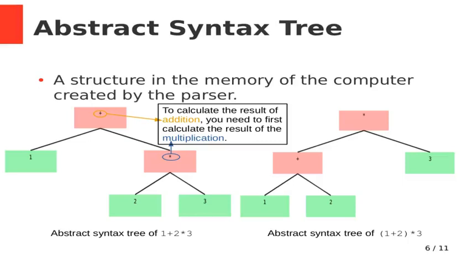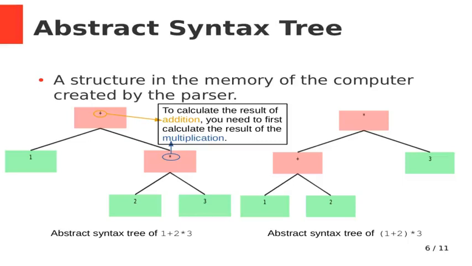1 plus 2 times 3 on the left, and on the right there is an abstract syntax tree of 1 plus 2 times 3, with 1 plus 2 being inside parentheses.